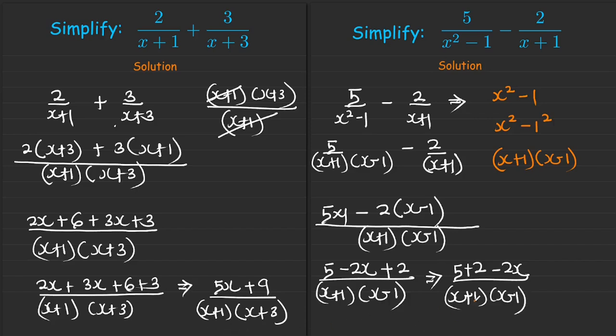Upon further simplification, we have 5 plus 2, which then gives us a 7, then minus 2x over our x plus 1, and then x minus 1, which becomes the final answer of our simplification. Very simple and straightforward.